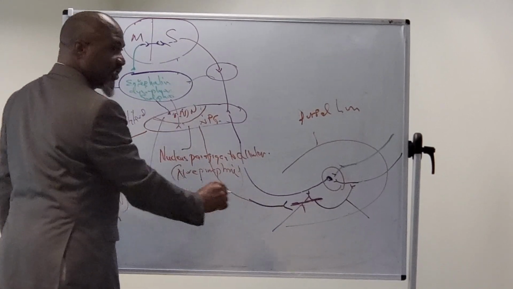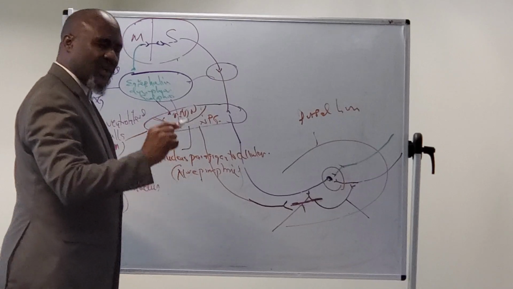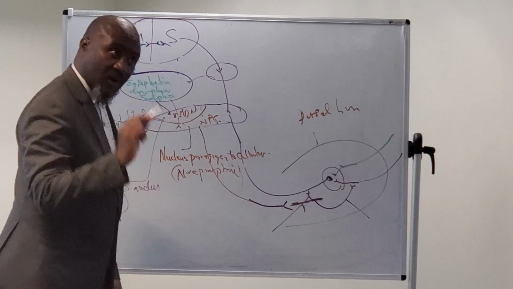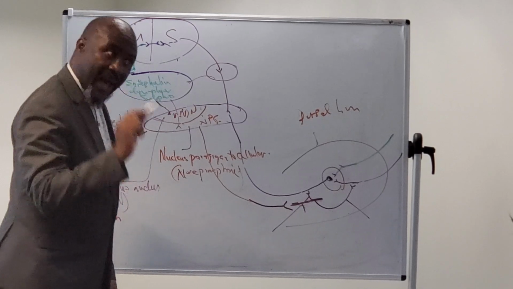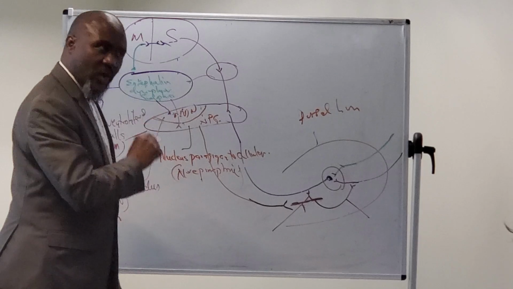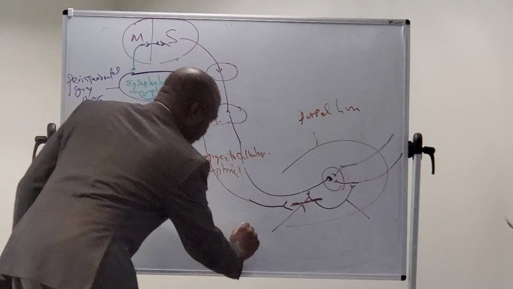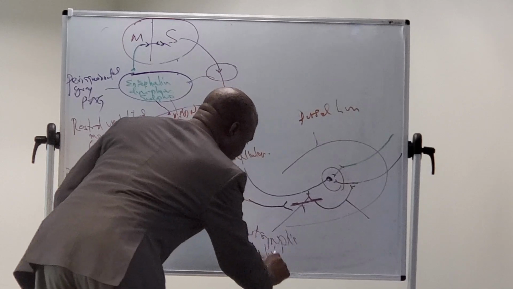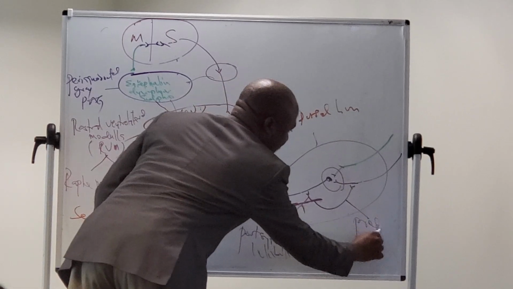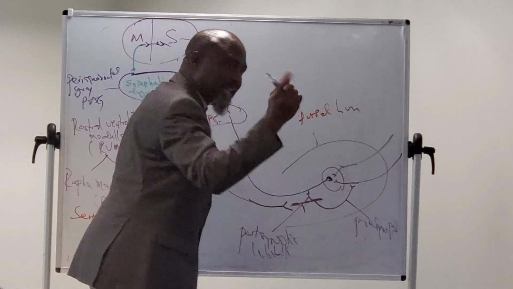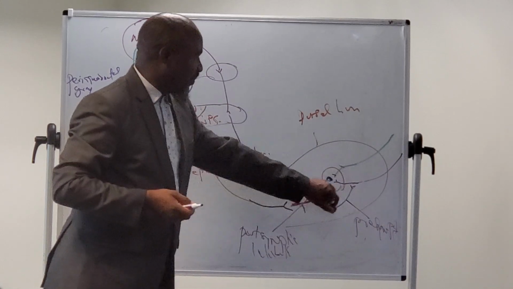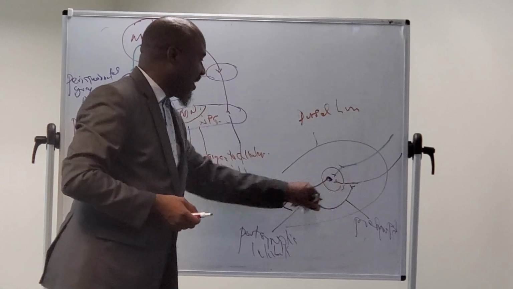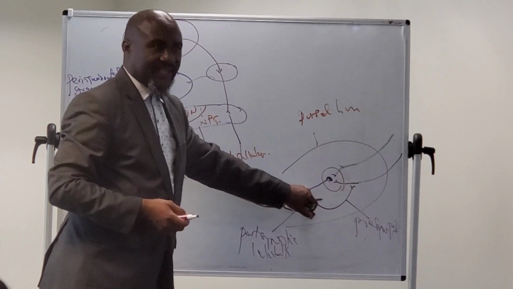So in the endogenous analgesic system, inhibition takes place in the dorsal horn of the spinal cord by serotonin and norepinephrine, operating at postsynaptic inhibition or presynaptic inhibition. In presynaptic inhibition, what happens? It prevents this from producing their neurotransmitter. In postsynaptic inhibition, it prevents this from being excited.